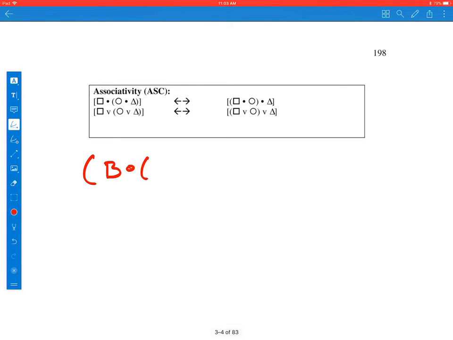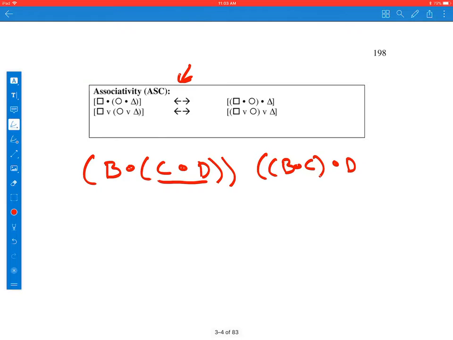Associativity. Suppose that we have a statement like B and (C and D). Notice that the C is grouped with the D, but we could change that by associativity. We could change the grouping such that it's (B and C) and D. So all we did was move the brackets, and this is allowed by associativity.